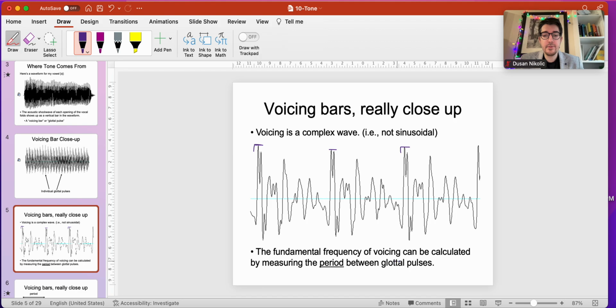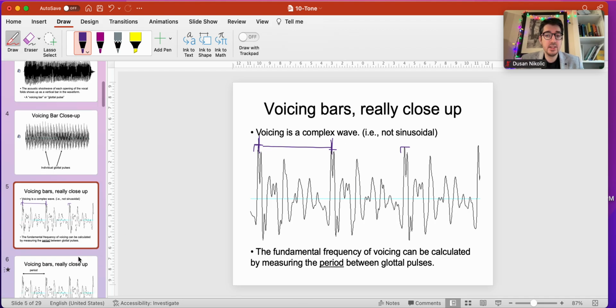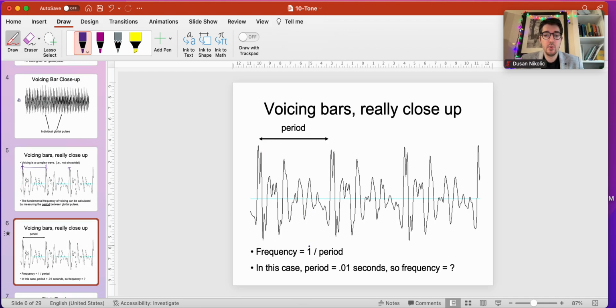And the fundamental frequency of voicing can be calculated by measuring the period between glottal pulses. So if I measure the period here between these two glottal pulses, I can then measure the fundamental frequency, because now I know that the fundamental frequency is 1 over the period, right?